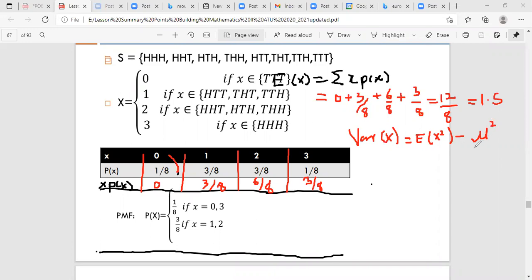And like I said, the mean we've already calculated up here, so you don't need to calculate it. We only need the expectation of x squared.